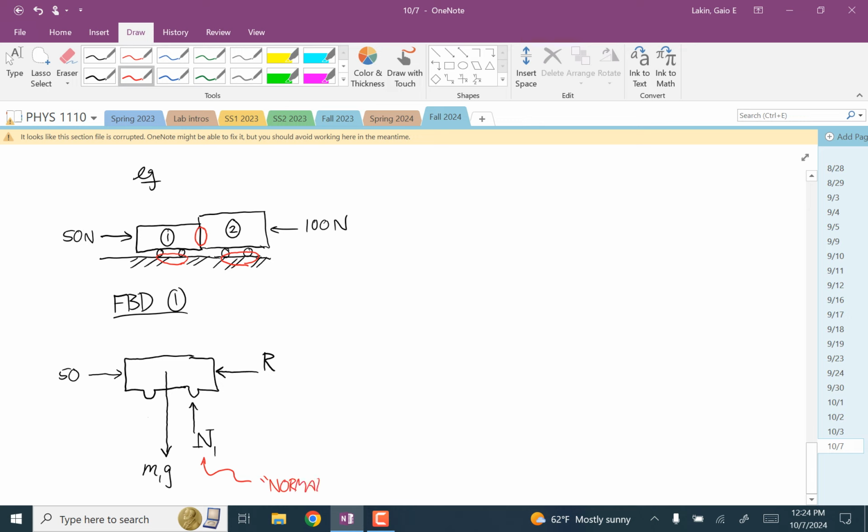I'll usually use those for ground contact forces. And then this R stands for reaction. That's the other variable that you usually use for pushing contacts. But just remember, those are just variable names. If you wanted to call them I or X or lowercase n, whatever, nobody could argue with that. They're just variables. And now I'm going to draw a free body diagram of the second body.